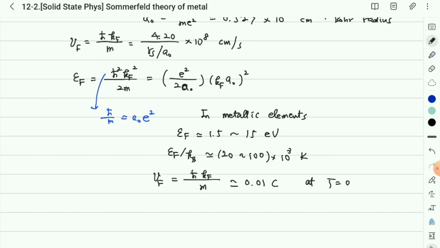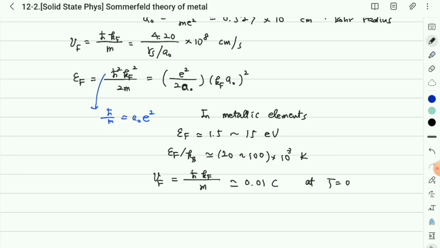I always stress that the Fermi energy is very important, and the band structure near the Fermi energy contributes to physical quantities like specific heat and electrical transport.